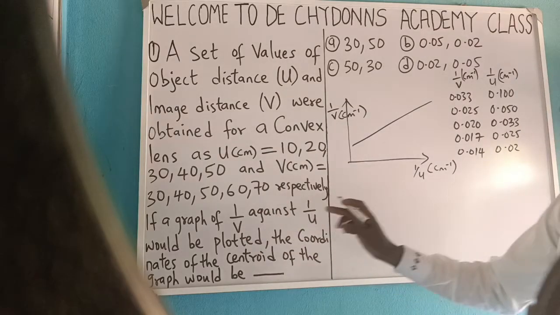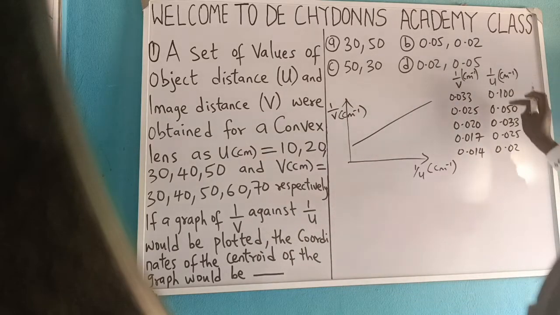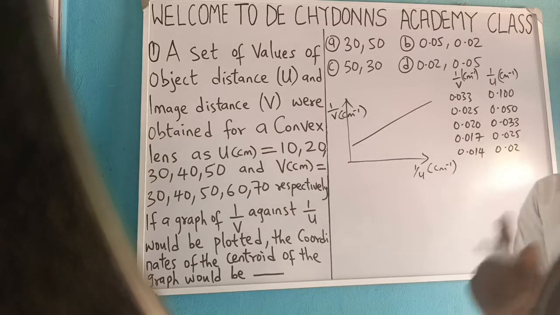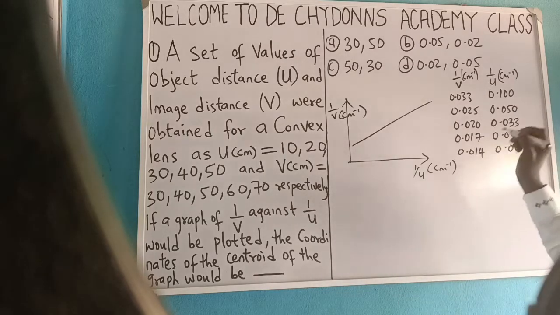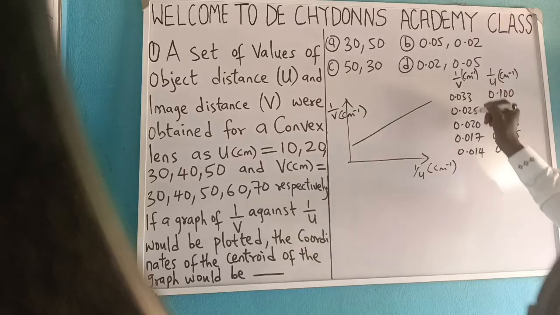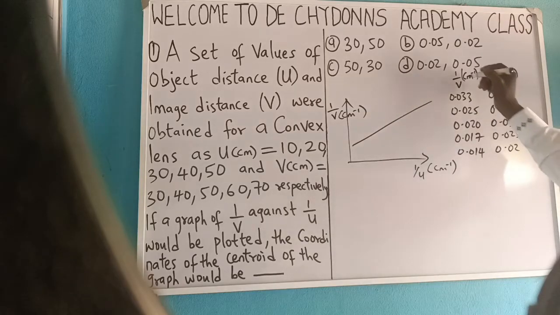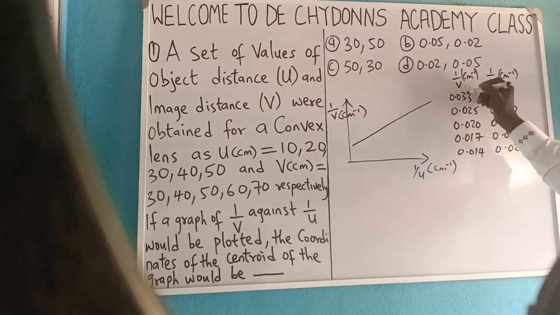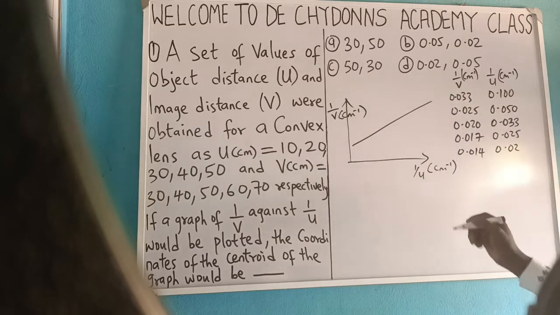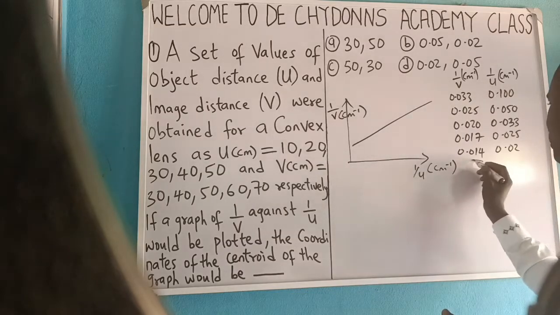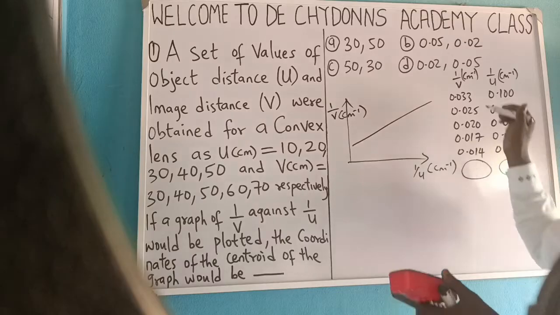And they said a graph of 1 over v is plotted against 1 over u. If you are plotting this graph, you must get the mean or the average of these two parameters. All these readings, get their average. How do I get it?